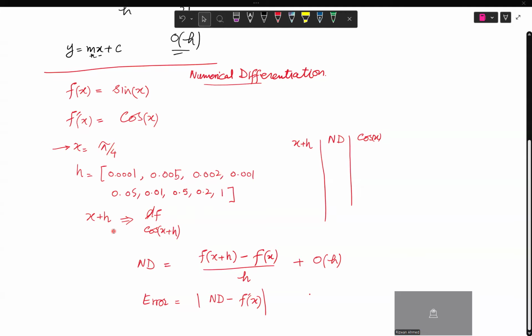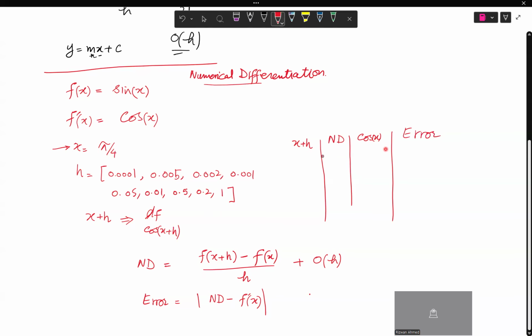And I will calculate a value x plus h and the derivative at point x. And I can compare it with the exact value of the derivative, which is from cosine of x calculation. And there will be the calculation of error.